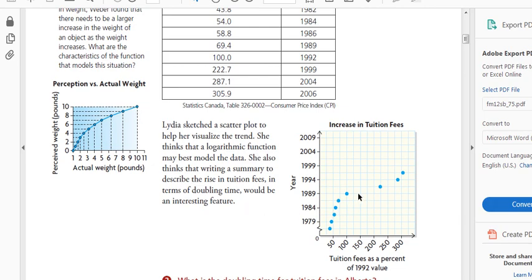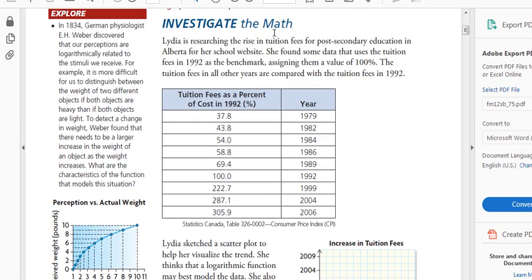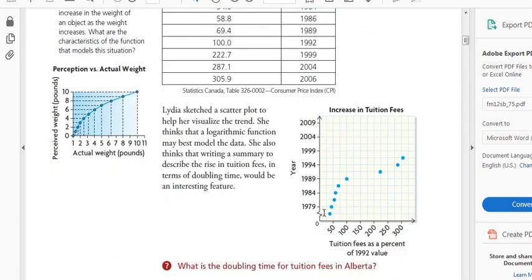This one is tuition fees for post-secondary education in Alberta. There's a lot of growth there, and then it levels off. You could model this by a log, or exponential might be okay, but it doesn't look like it. So some kind of log function might be more appropriate, like this.